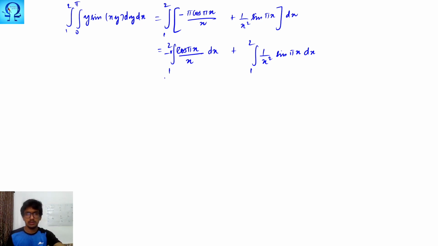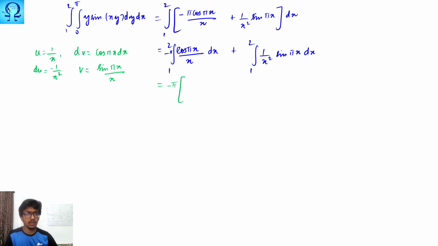Here also we'll have to again make use of integration by parts. Let me take u to be 1 upon x and dv to be cos pi x dx. Therefore du becomes minus 1 upon x squared, and v becomes sin pi x upon pi.